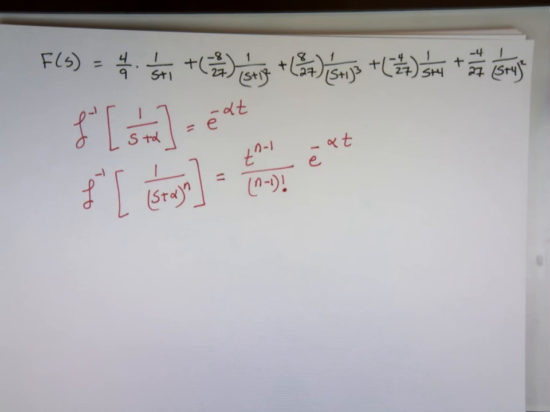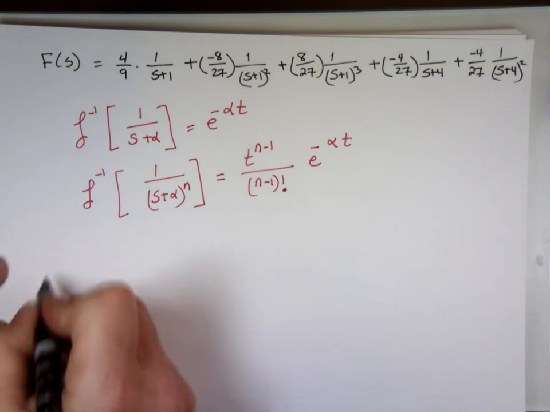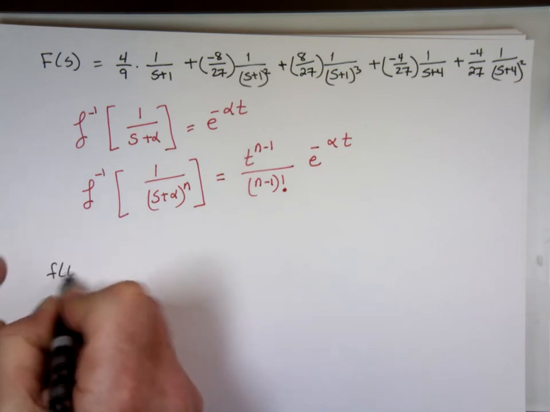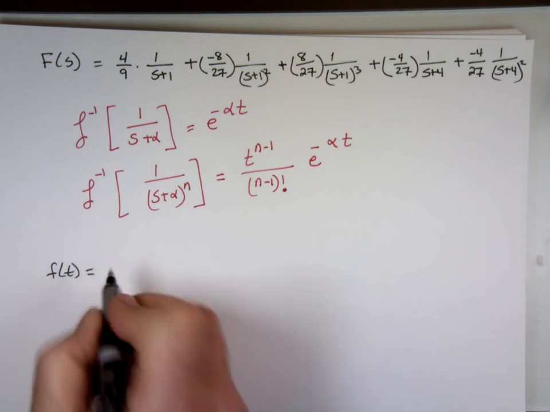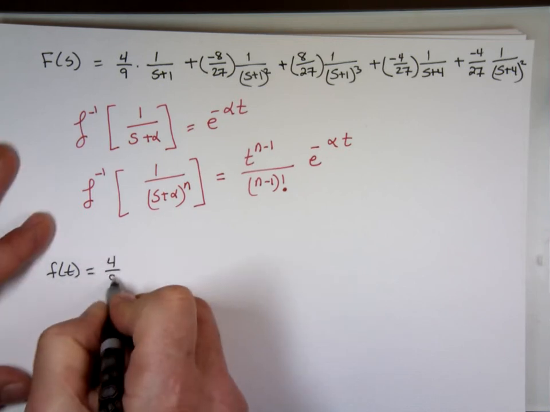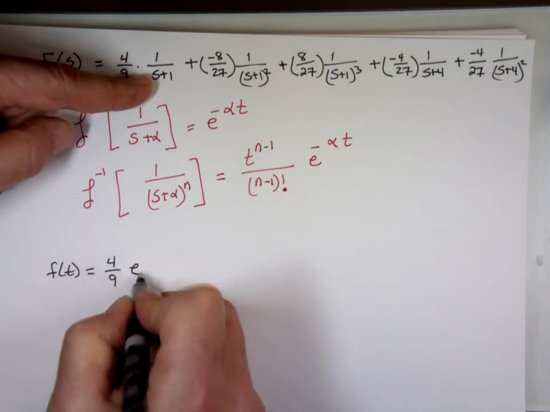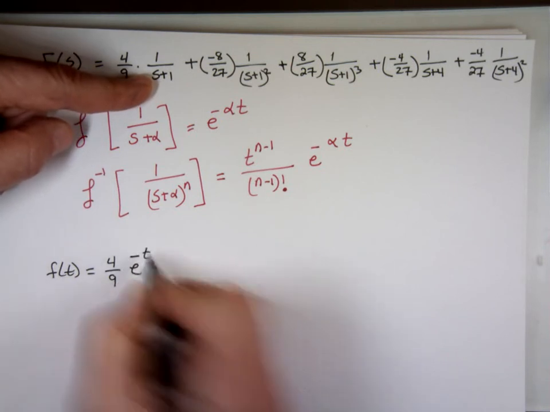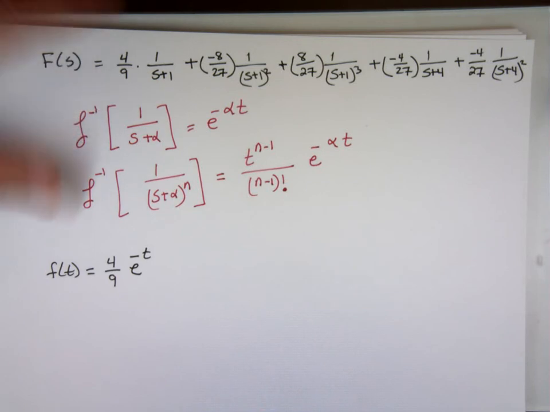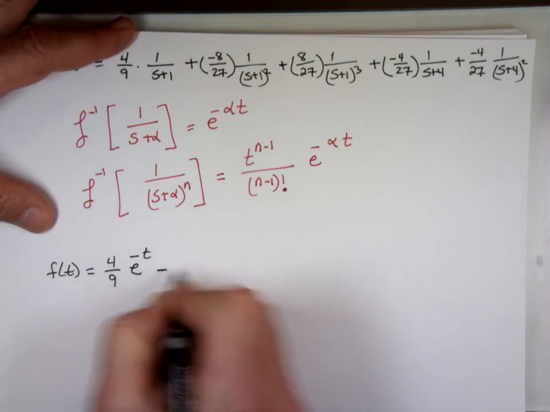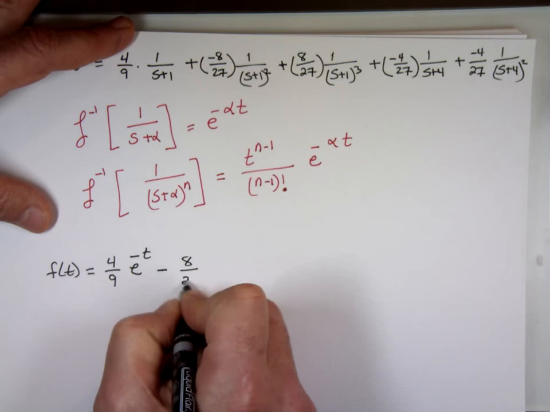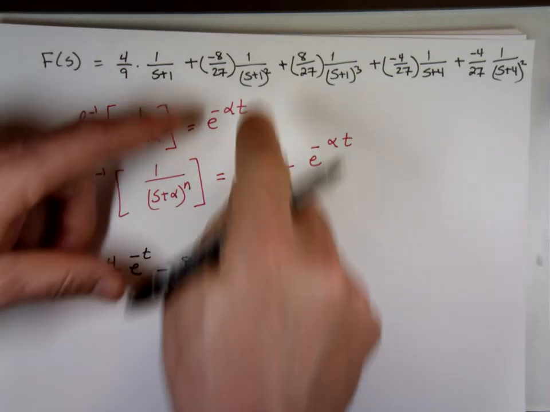So there's the 4 over 9, f of t. We use lowercase for the time domain usually. 4 over 9. What is the inverse Laplace of 1 over s plus alpha? E to the minus 1t. This will be minus 8 over 27. Now notice here n is 2.